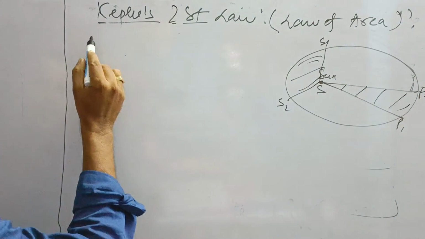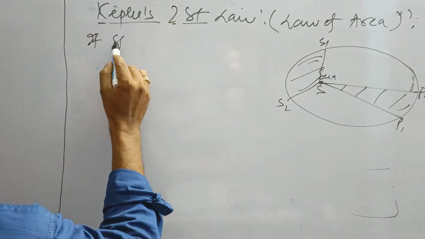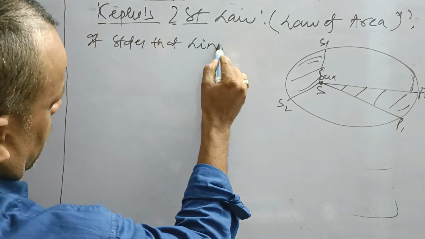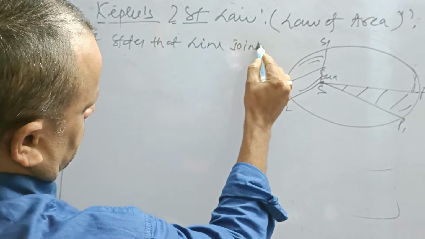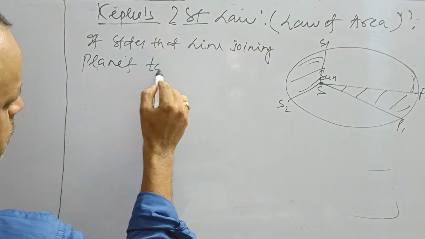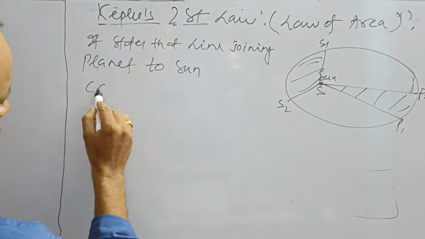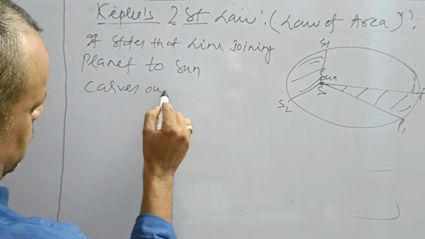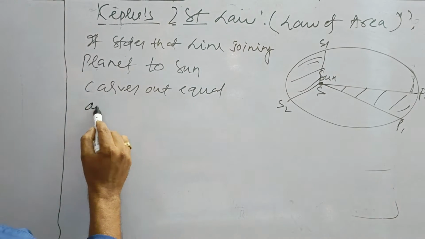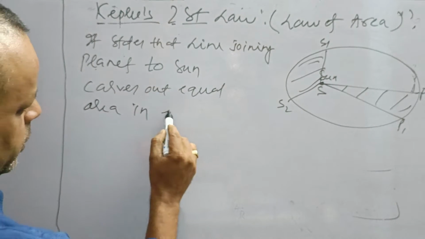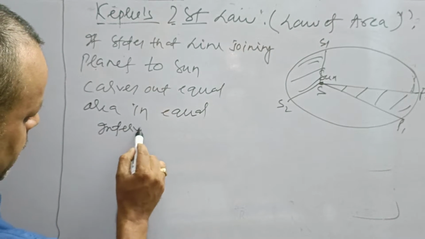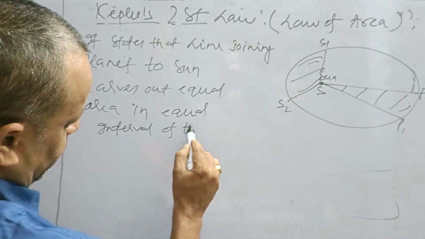It states that the line joining the planet to the sun carves out equal area in equal intervals of time.